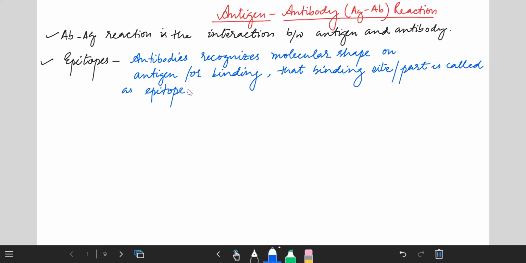Now we will see what type of chemical bonds form between the antigen and antibody during the antigen antibody reaction.